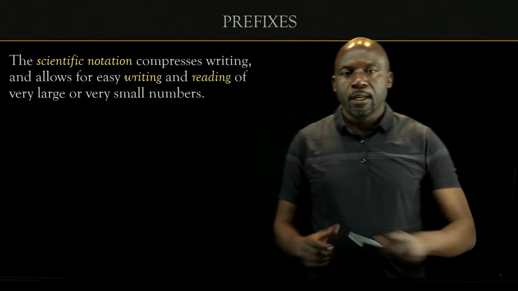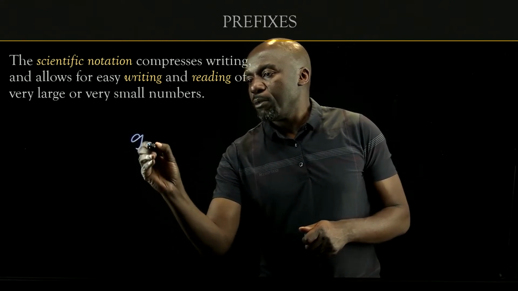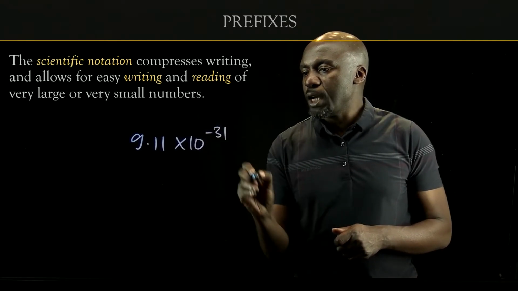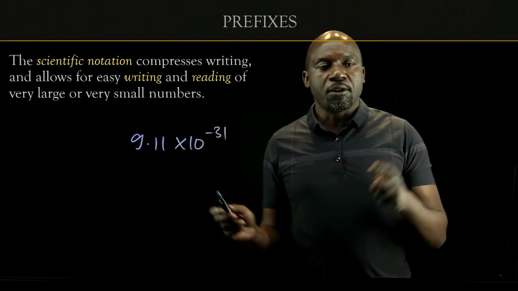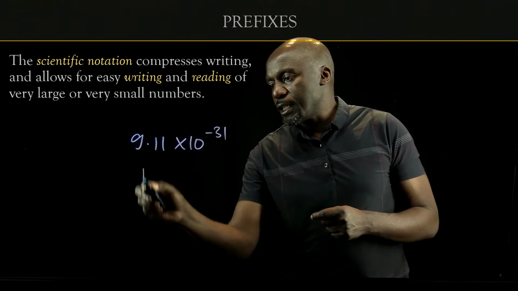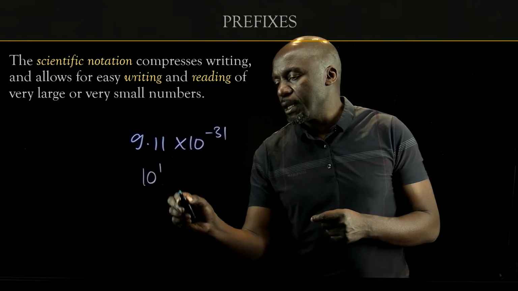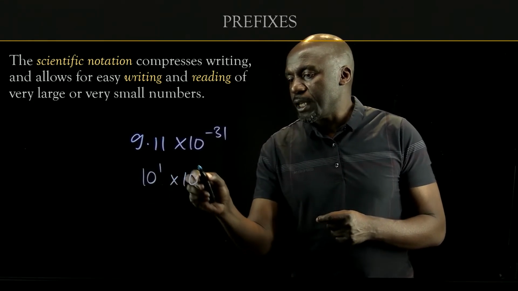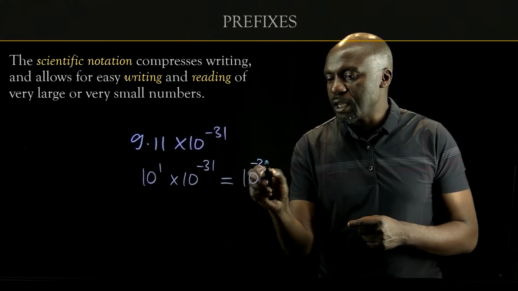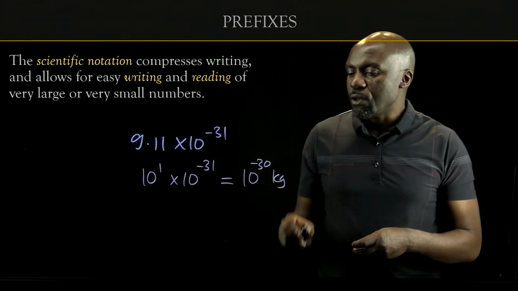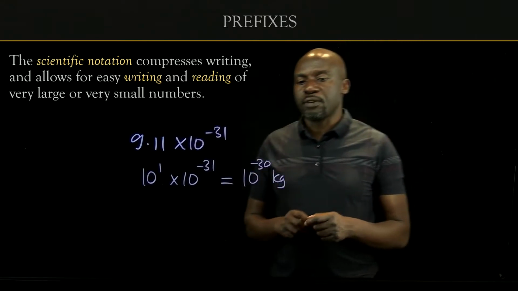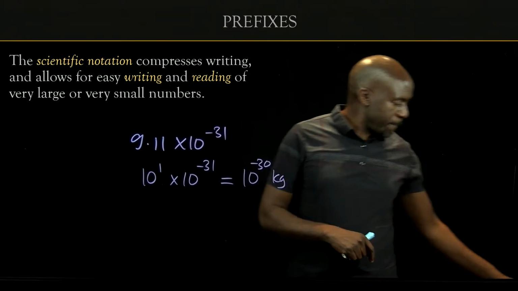So if it is 9.11 multiplied by 10 to the power of negative 31, then 9 is greater than 3.16, so I can write this as 10 to the power of 1, okay? Then multiply by 10 power negative 31, and we end up with 10 to the power of negative 30 kilograms. So in orders of magnitude, the mass of an electron is 10 to the power of negative 30 kilograms, okay?